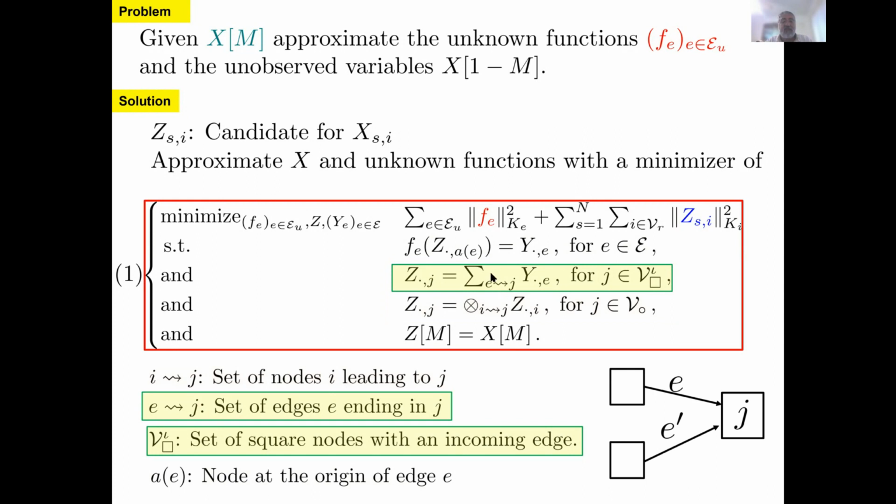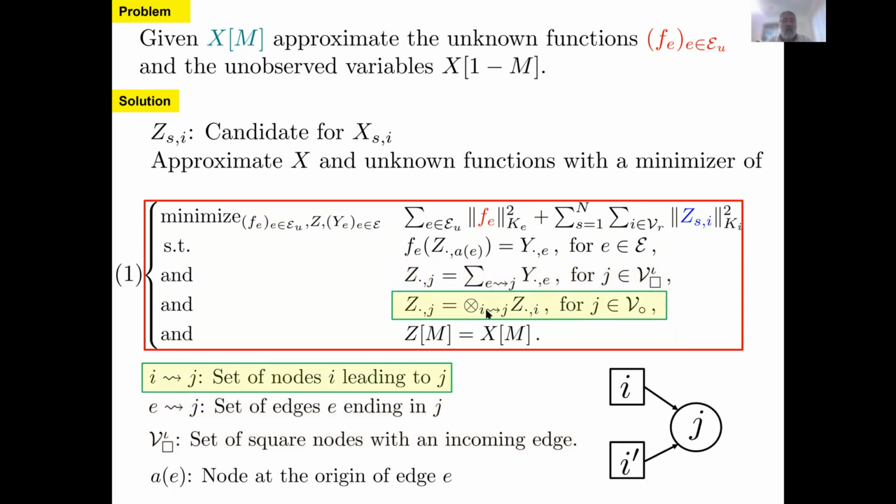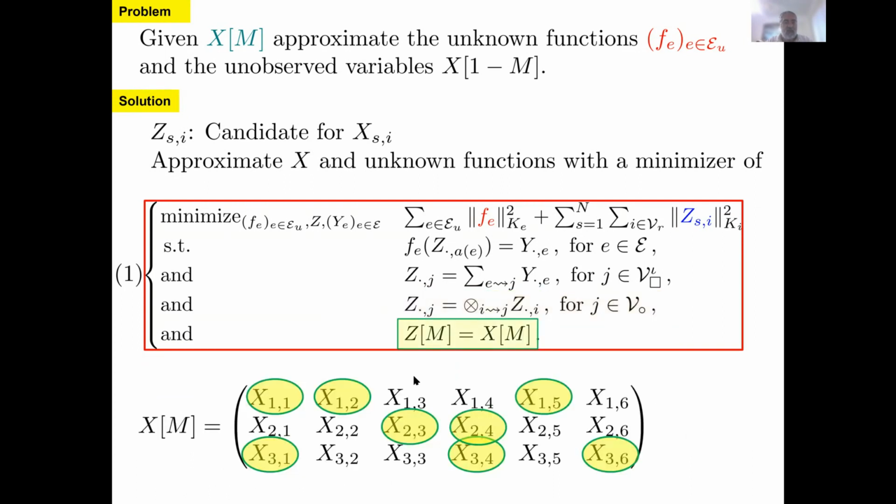More precisely, the second constraint imposes for all square nodes J of the graph the fact that the variable Zj must be the sum of all the variables Y labeled by arrows ending in the node J. The third constraint imposes for all round nodes J of the graph the fact that the variable Zj is the concatenation of the variables Zi labeled by nodes I with an arrow from I to J. And the last constraint is the constraint imposed by the observed data.